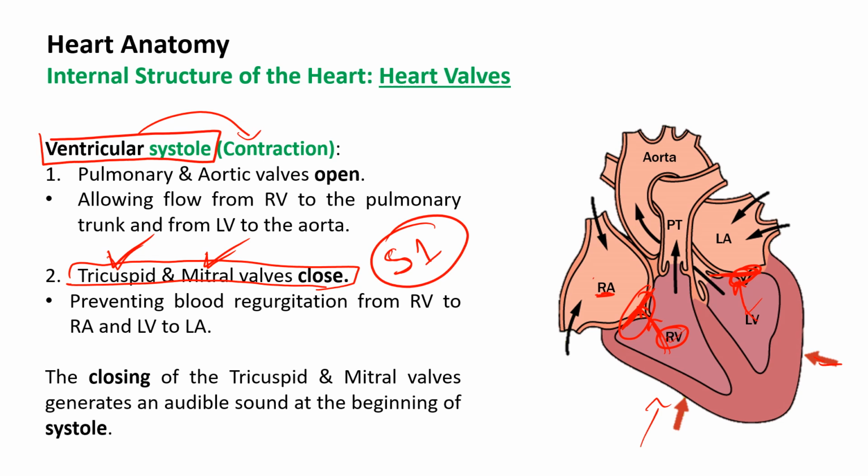So these valves need to have enough strength to prevent backflow. Anyways, when that happens, at some point the pulmonic and the aortic valve open, allowing blood flow from the right ventricle towards the lungs, and from the left ventricle towards the rest of the body.